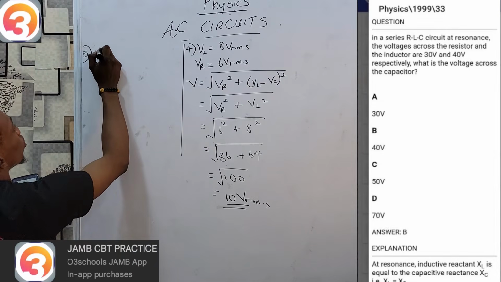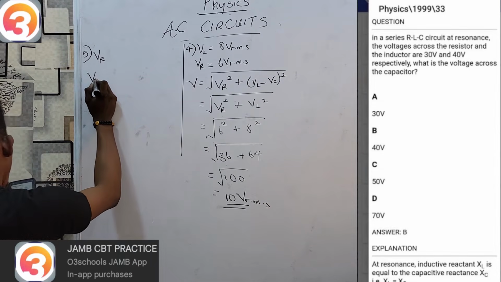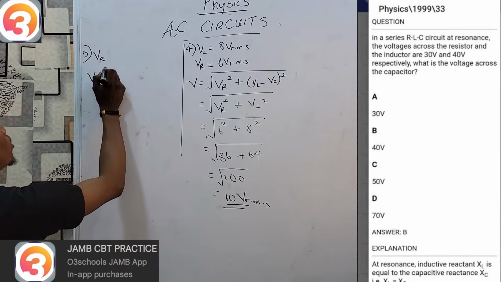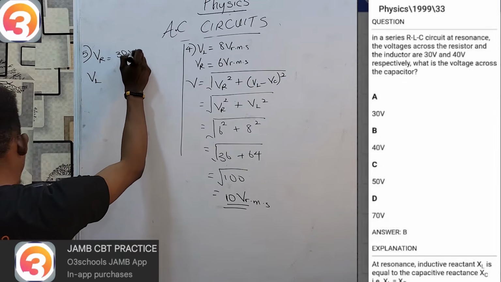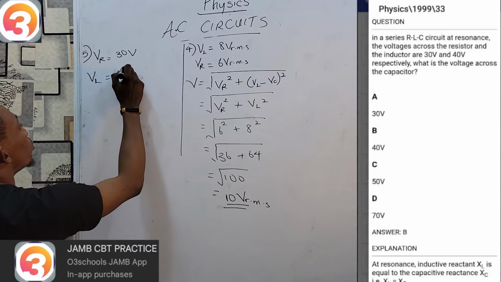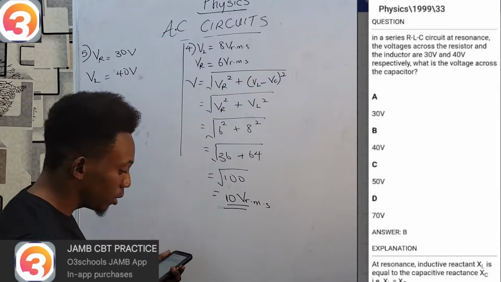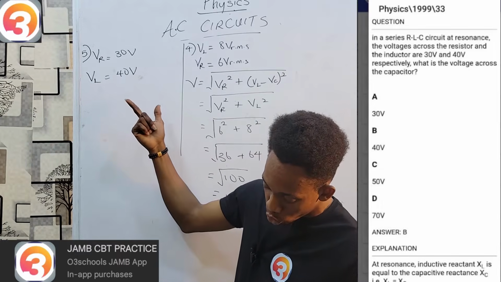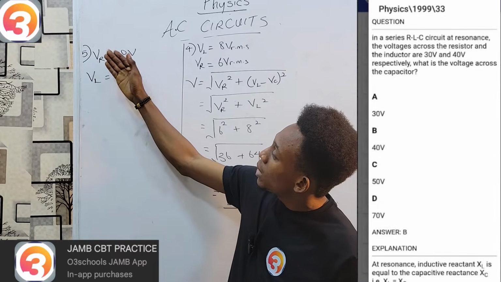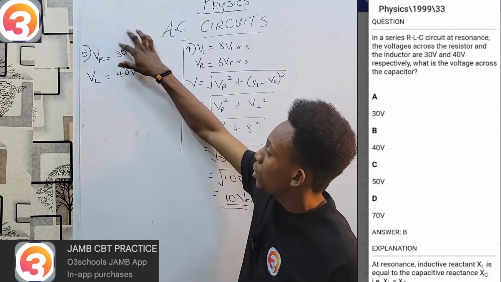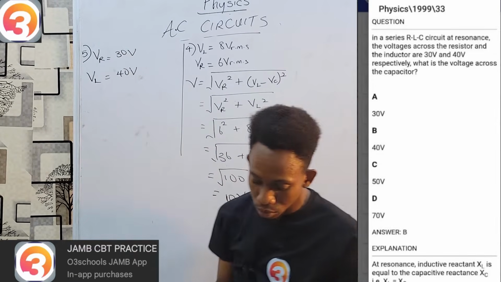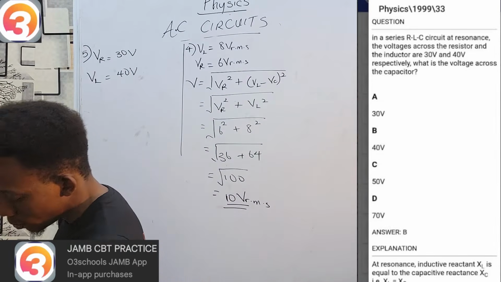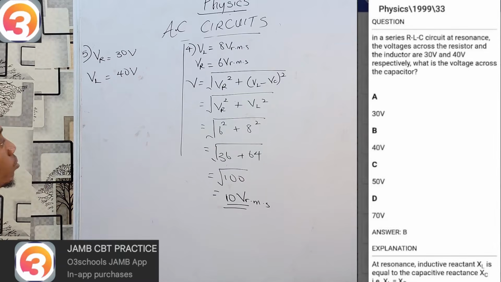So remember, when analyzing, respectively implies that the first one comes first, the second one comes next. Then we have been asked, what is the voltage across the capacitor?